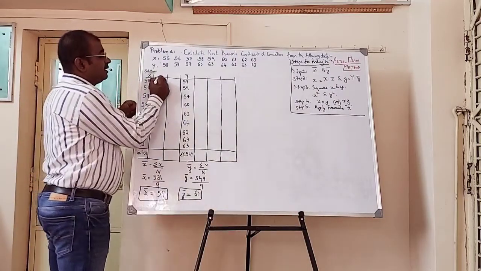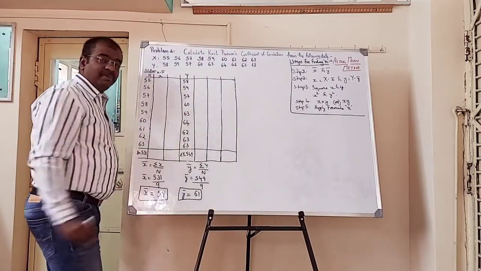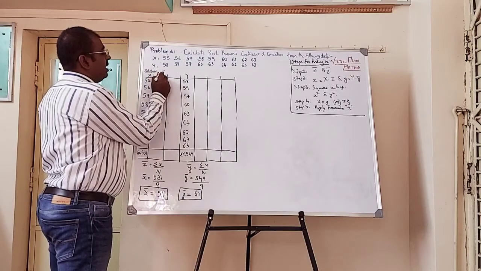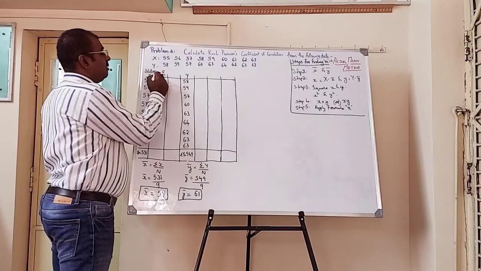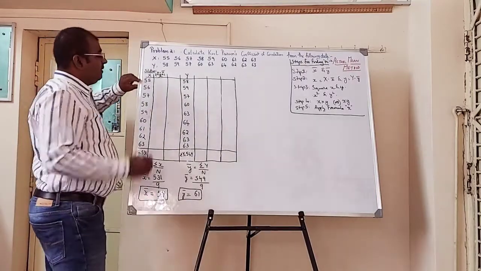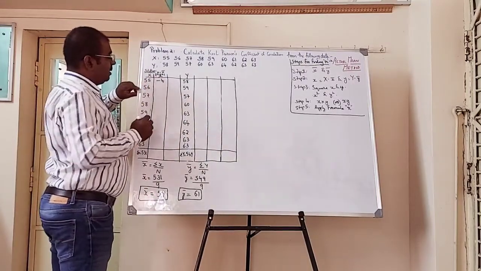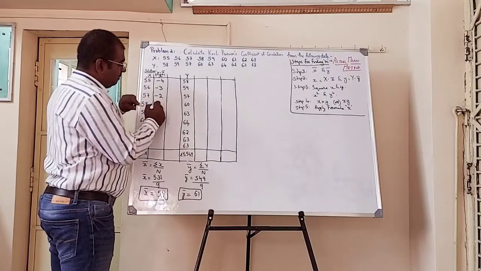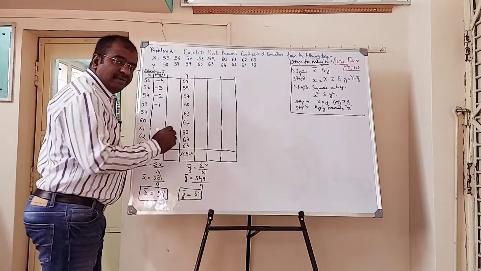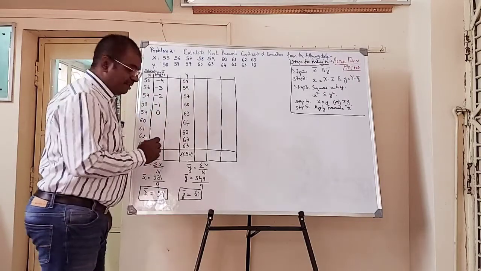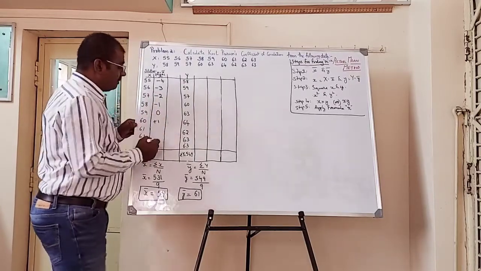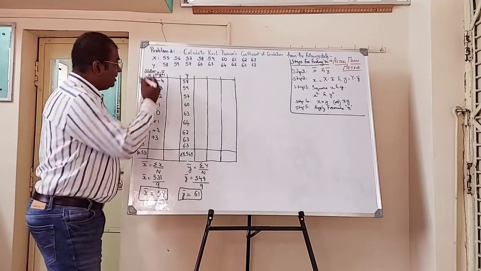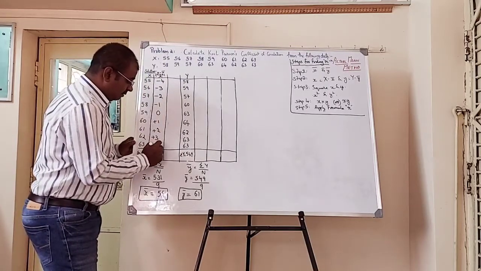So deviation of x is equal to x minus x bar, and the value of x bar is 59, so that will be x minus 59. 55 minus 59 is minus 4. 56 minus 59 is minus 3. 57 minus 59 is minus 2. 58 minus 59 is minus 1. 59 minus 59 is 0. 60 minus 59 is plus 1. 61 minus 59 is plus 2. 62 minus 59 is plus 3. And 63 minus 59 is plus 4.